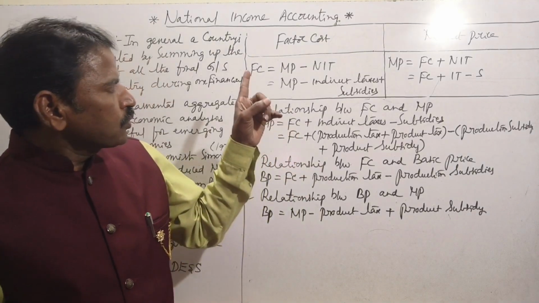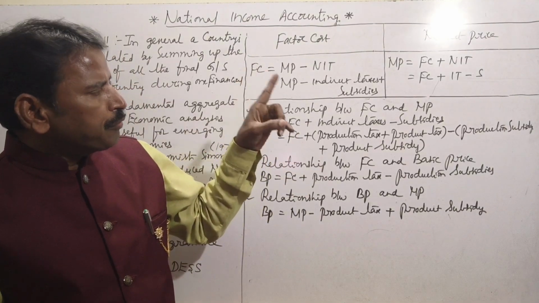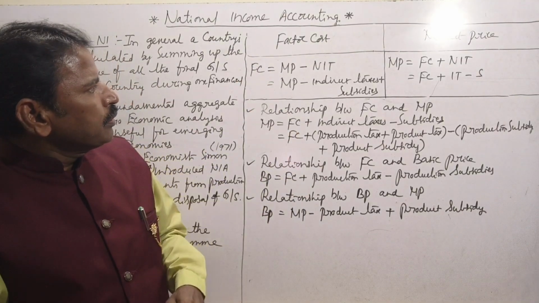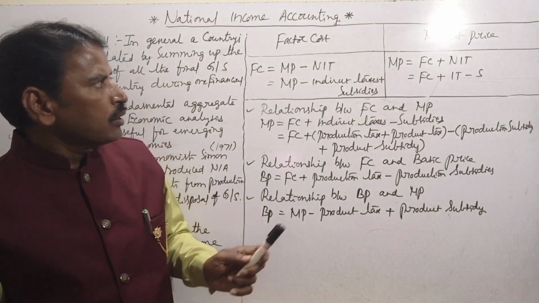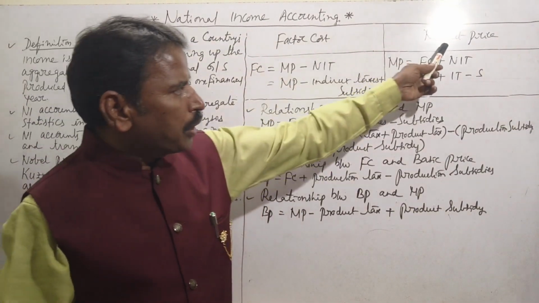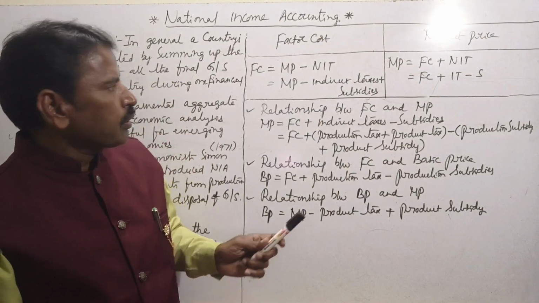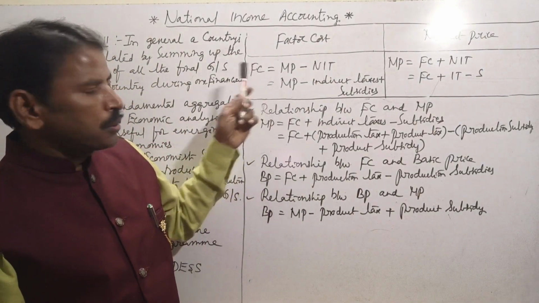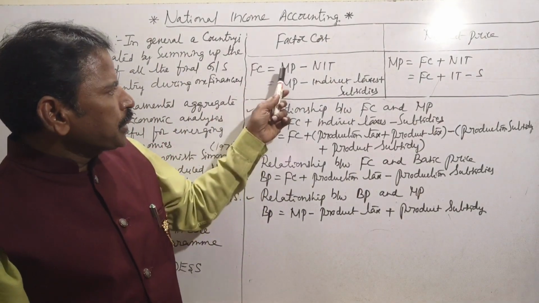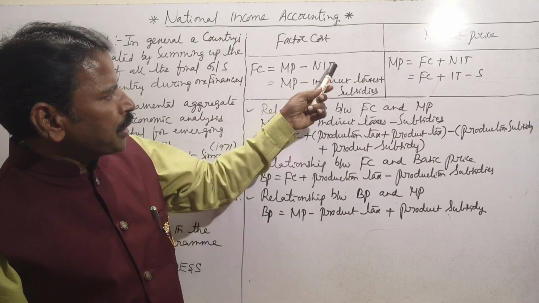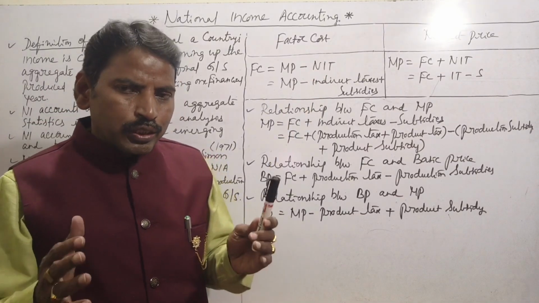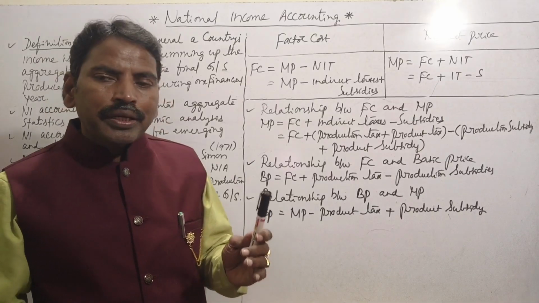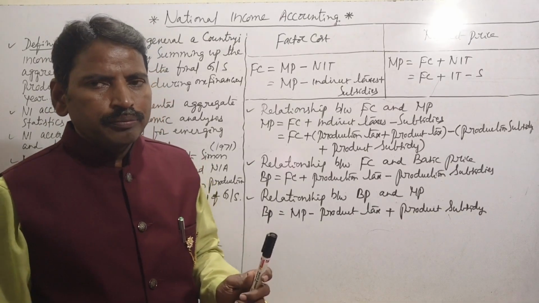Next, what is the difference between factor cost and market price? Factor cost is equal to market price minus net indirect taxes. Net indirect taxes means indirect taxes minus subsidies.